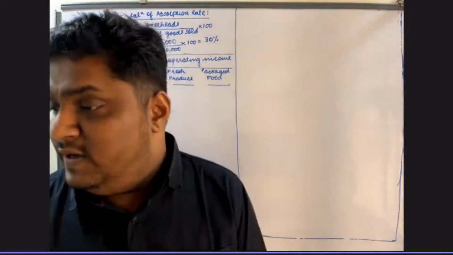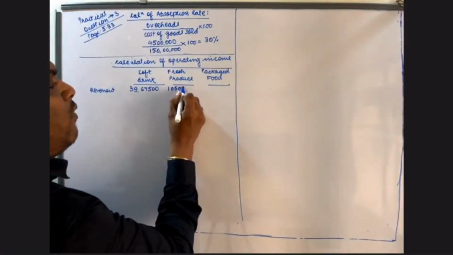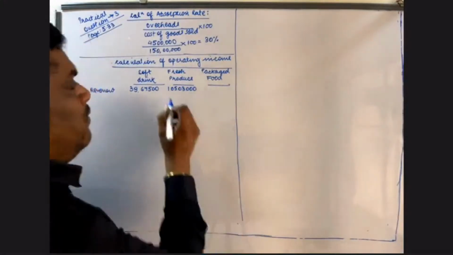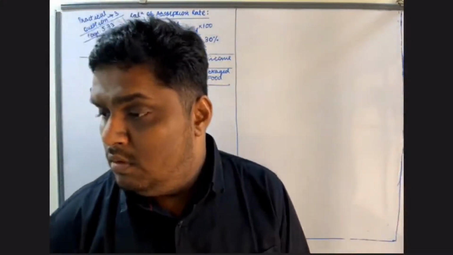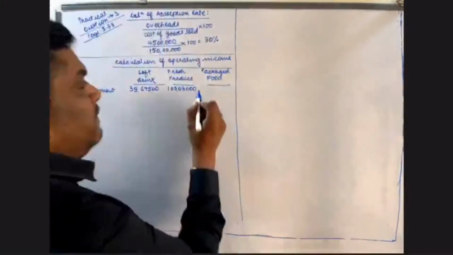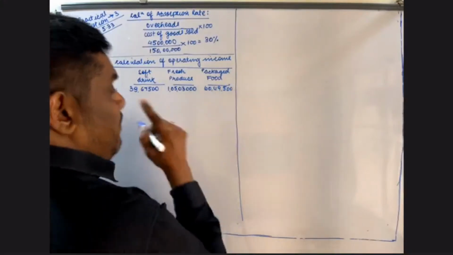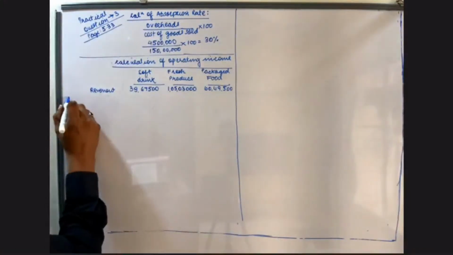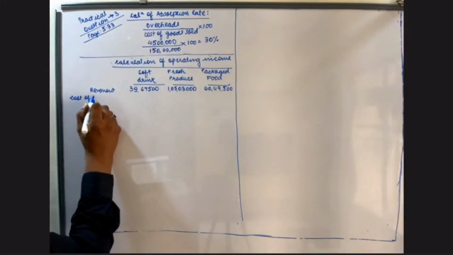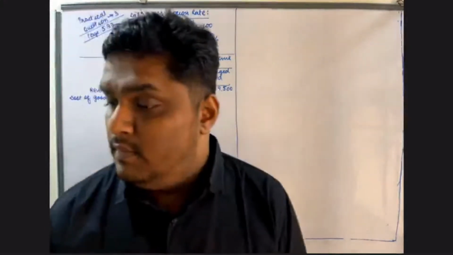For fresh produce, it is 10503. And 60,49,500. Further, the cost of goods sold is given. That is 30 lakh, 75 lakh, and 45 lakh.